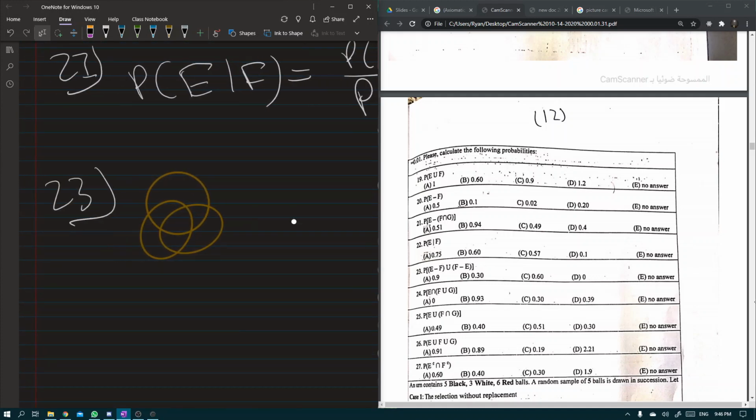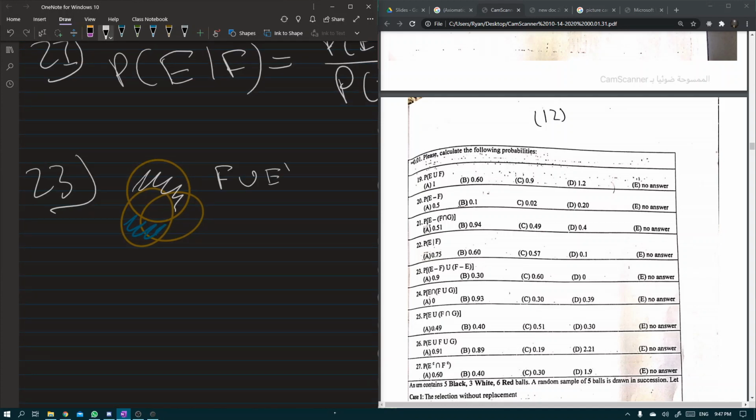So E without F, so there's E without F, then F without E. Right. So just find F and E.